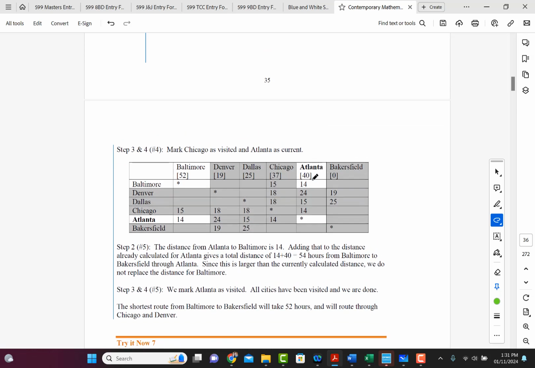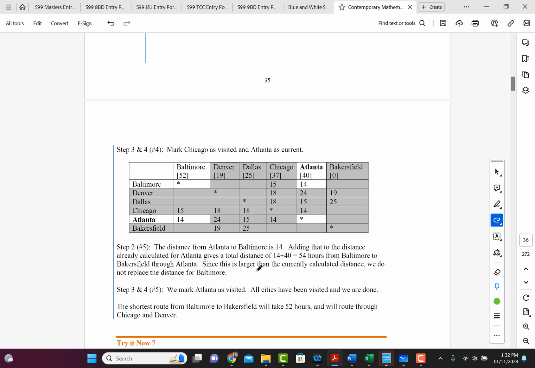Now, the distance from Atlanta to Baltimore is 14. So we take 14 plus the 40, which gives us 54, going to Bakersfield through Atlanta.